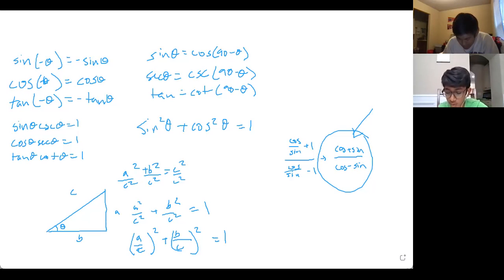Okay, so I FOILed it out and then I put it in like... Okay, so you got secant squared minus tangent squared theta. Yeah. Okay, work on that.